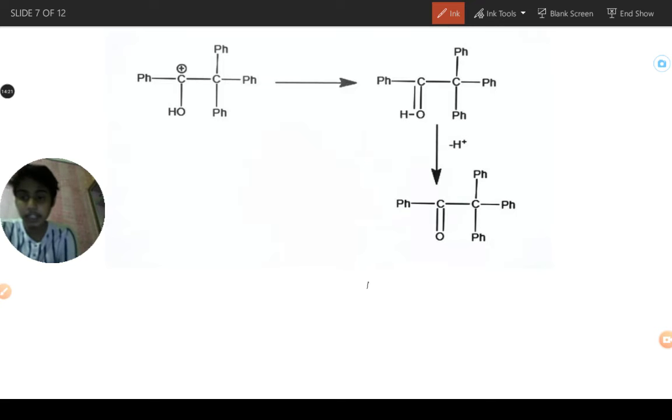Shifting power is known as the migration shift, meaning the ability or the power to shift is known as the migration shift or the shifting power. So what is the order of the shifting power? Let's know which has the greater migration shift and which has the least.